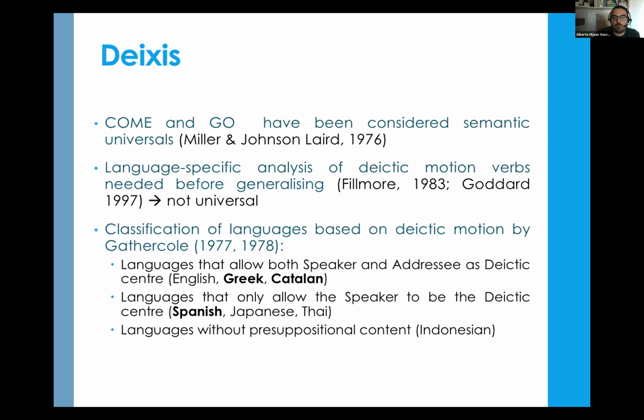Some languages allow both the speaker and the addressee as the deictic center, such as English, Greek, or Catalan. Other languages only allow the speaker to be the deictic center, such as Spanish, Japanese, or Thai, and other languages have no presuppositional content, like Indonesian. We've got here the 3 languages of the study marked in bold.